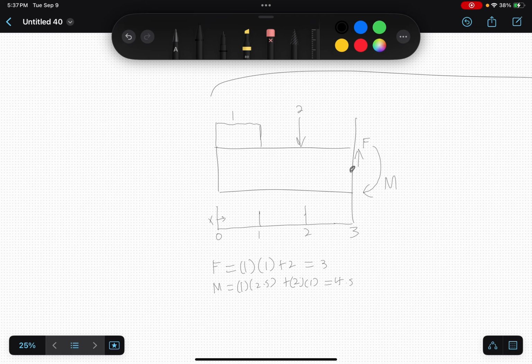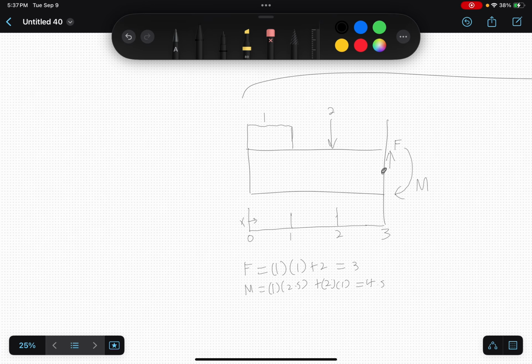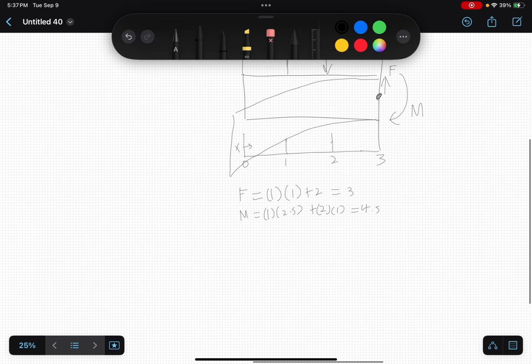What if we wanted to find, well, in the real world, this beam, if it was subject to these loads, would deflect a bit. I'm over exaggerating it here, but it would have some deflection angle, and it would have some displacement, so deflection displacement.